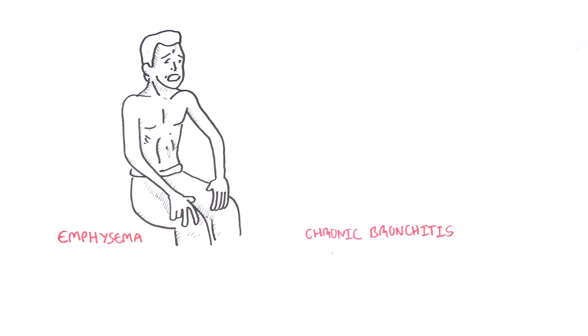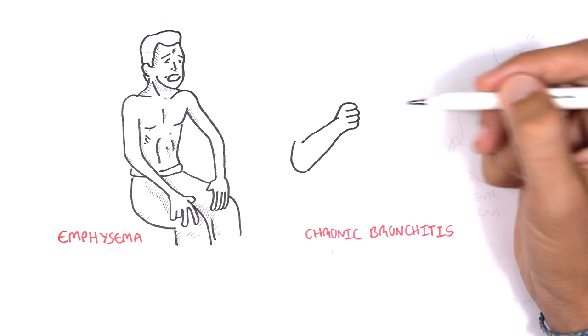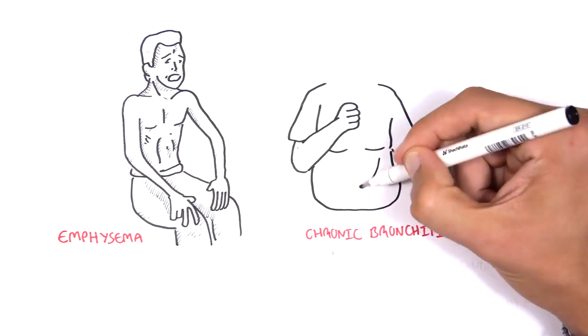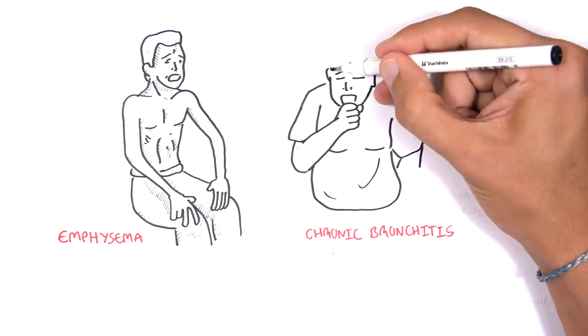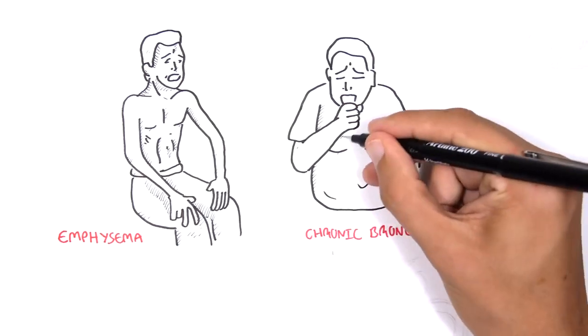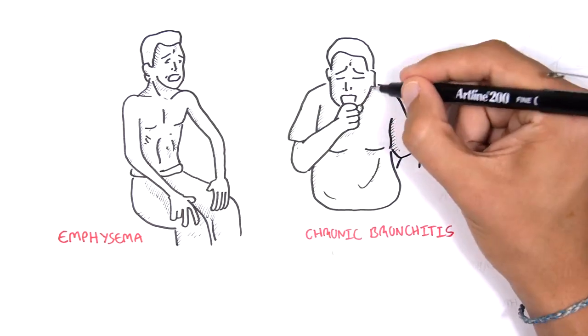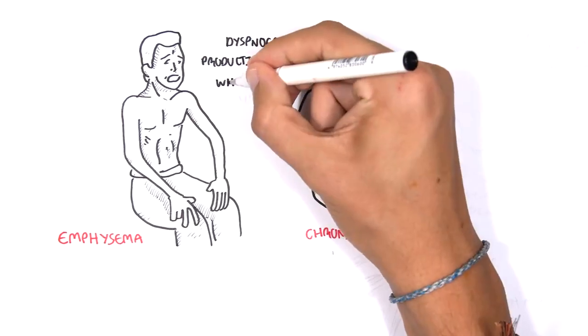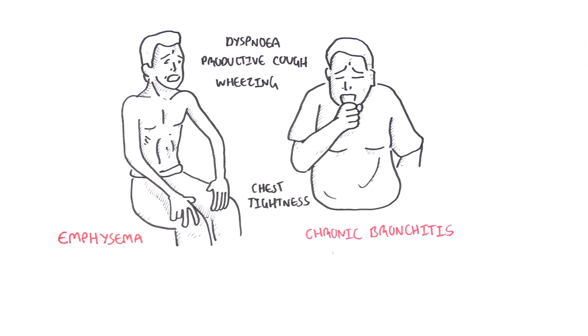Patients with emphysema are also known as the pink puffers because they have difficulty breathing but are well perfused. Patients with chronic bronchitis are also known as the blue bloaters because they are usually cyanosed. Some signs and symptoms in emphysema and chronic bronchitis include dyspnea, difficulty breathing, having a productive cough, and chest tightness.